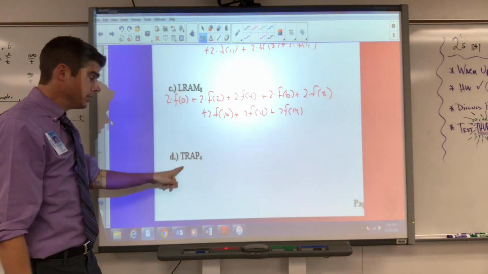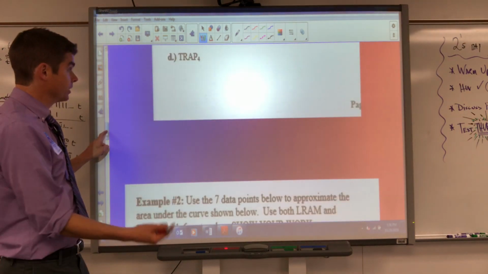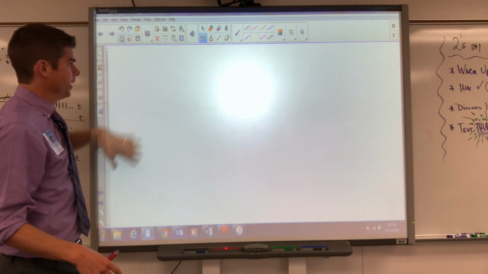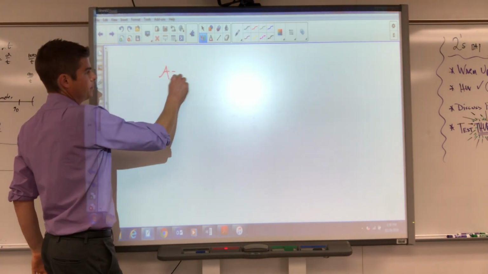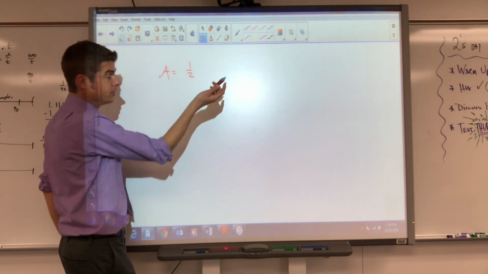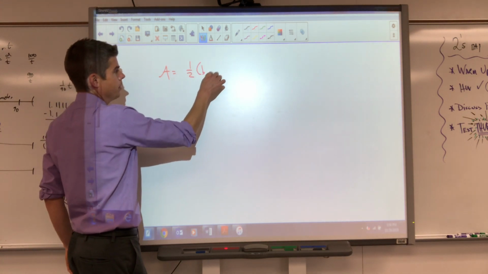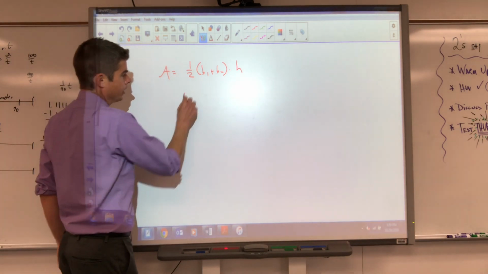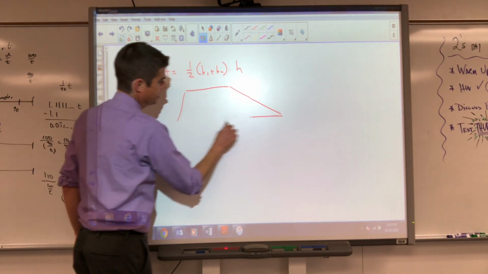Okay, the last one I want to do in this video, and then we'll go to the next video, trapezoid. So you have to remember the formula for area of a trapezoid. Area of a trapezoid is basically 1/2 the sum of the bases. You're averaging the bases, so b1 plus b2, and then times the height. So again, think about our trapezoids.